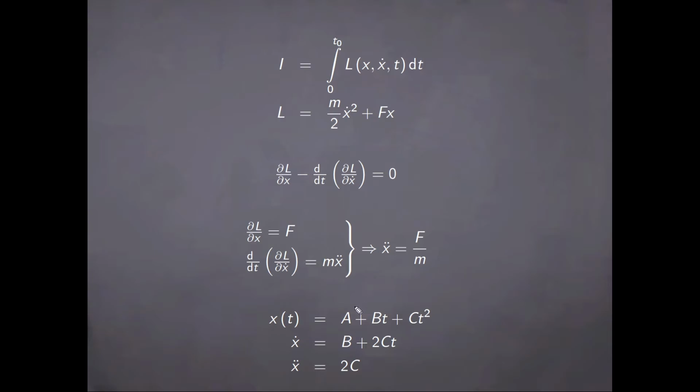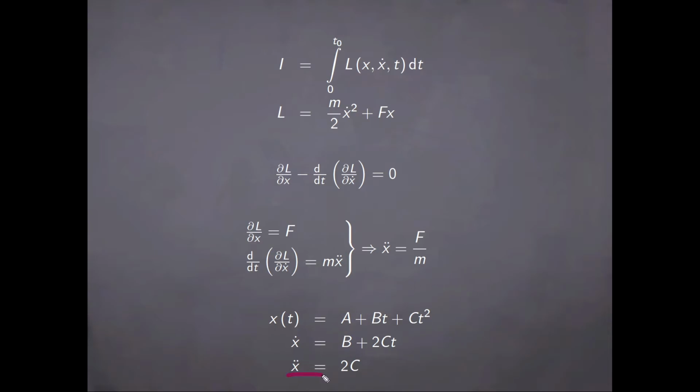Now, we already know that the law is of the form written here, so then we can calculate the corresponding velocity and acceleration in terms of constants a, b, and c to obtain the results here.